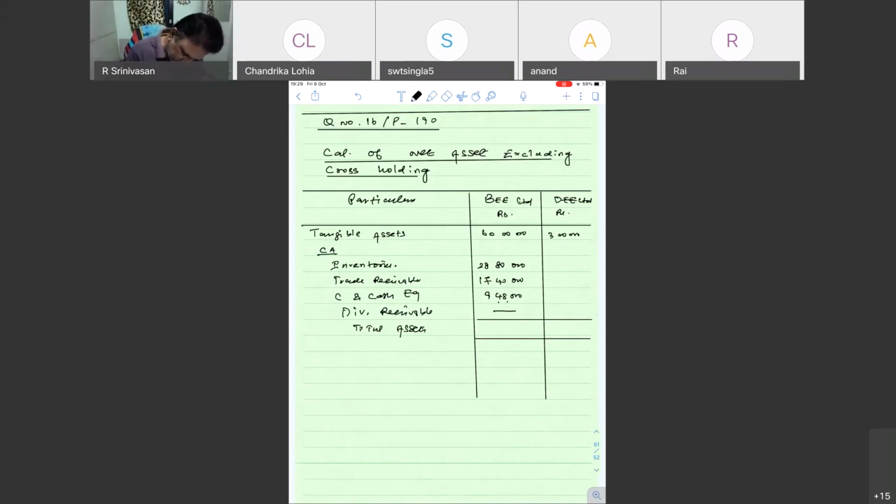Non-current liabilities, 14% debentures. Right. Current liabilities. Trade payables. How much are the trade payables? Trade payables are 12 lakhs.